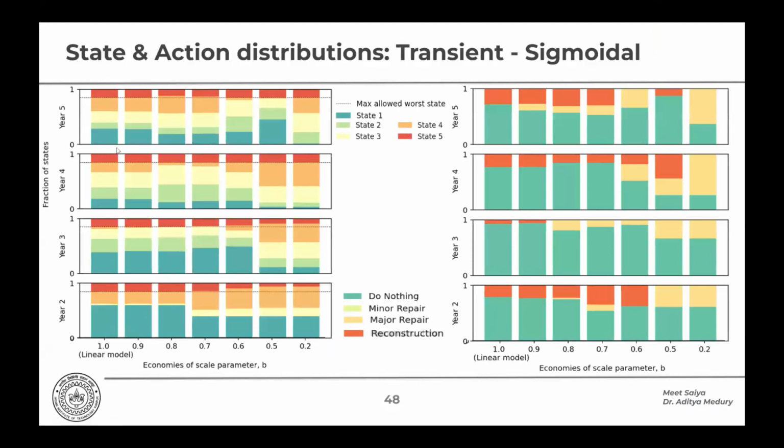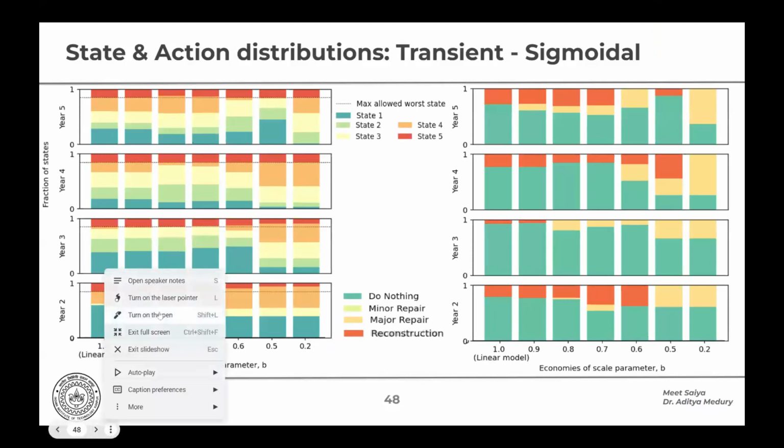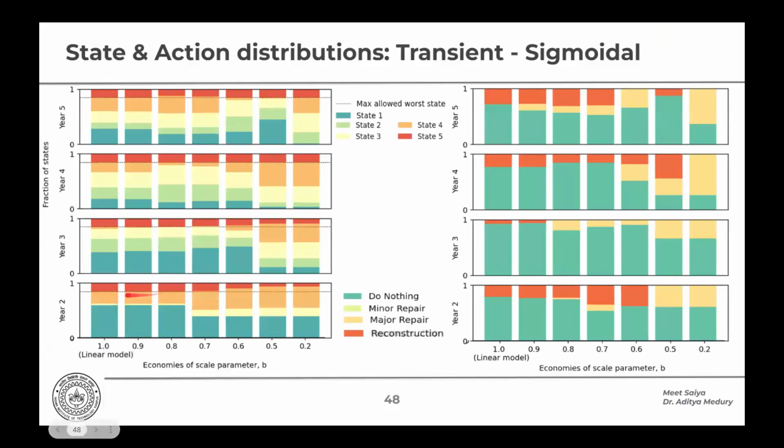These are actions. We can see a lot of red here, that is reconstruction. And as we improve, as there are more economies of scale, maintenance is preferred.